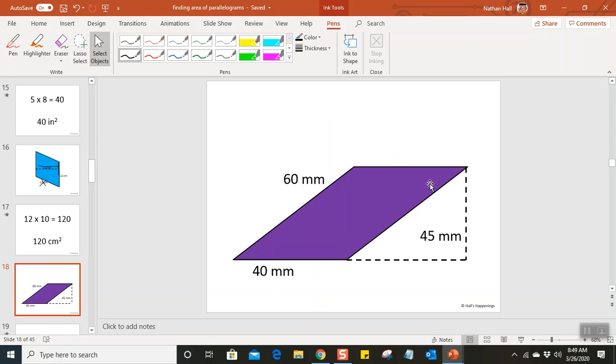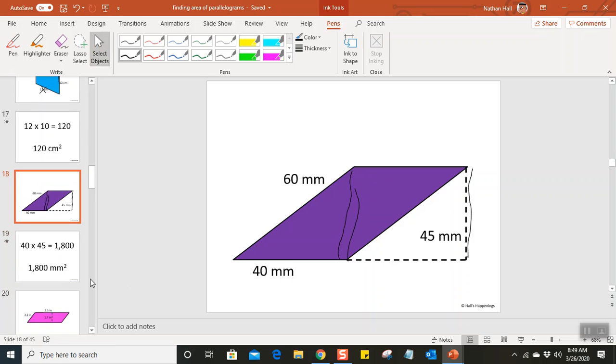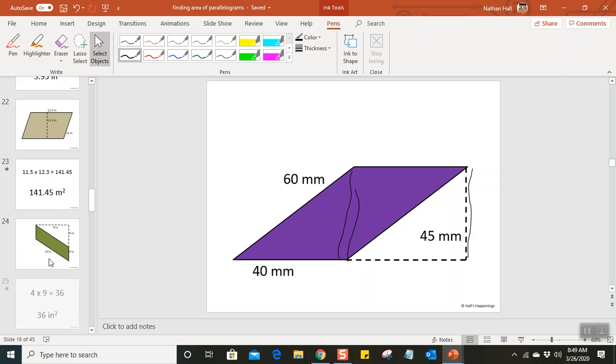Sometimes the height line might be drawn outside the parallelogram. See, it's kind of hard to draw a height line inside of that shape, so sometimes it's drawn outside the shape.